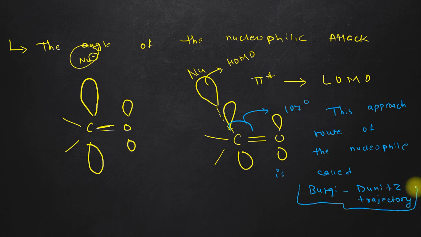I will not be able to pronounce it, so that's why I am writing the name of this particular approach route. So this angle, 107 degree, is the angle through which the nucleophile is going to approach.